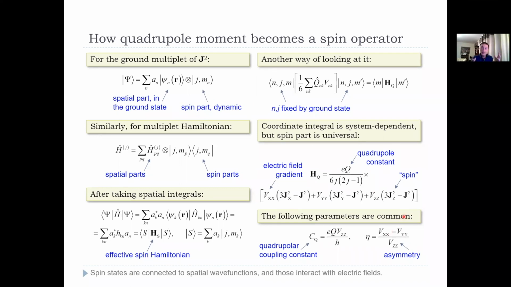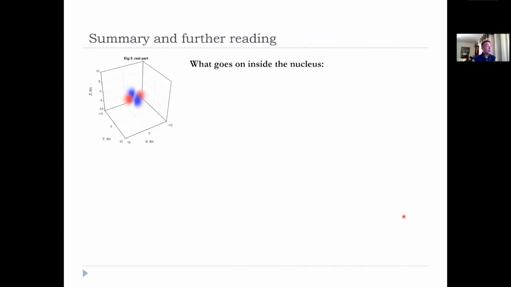So the basic explanation for this is every nuclear spin state is connected to a particular spatial wave function. They're different. They interact with electric fields. And so that splits our nuclear spin sublevels. And therefore, what started its life as an electrostatic interaction, effectively, after a twist of all this mathematics, becomes in the end a spin interaction.